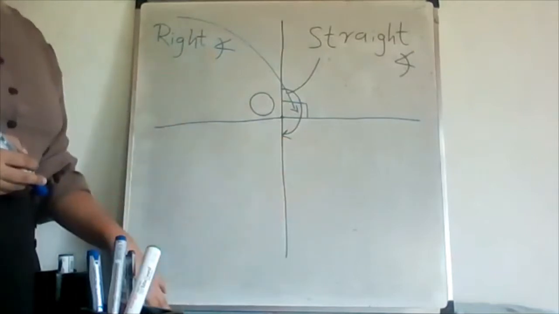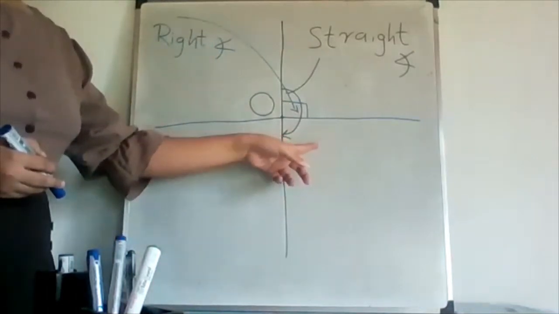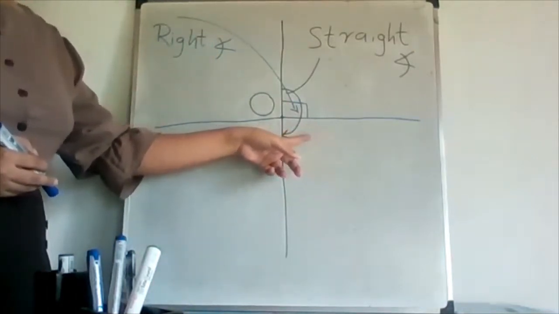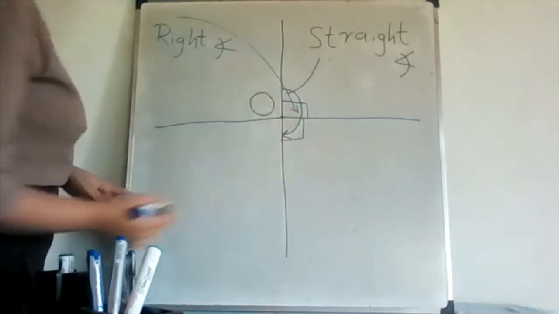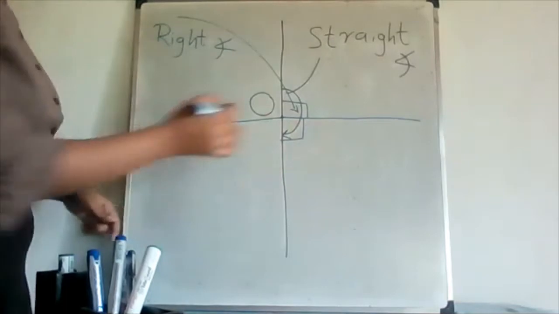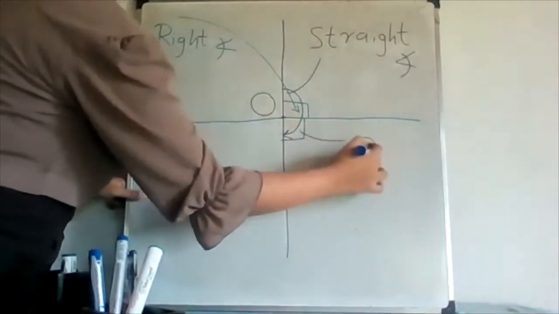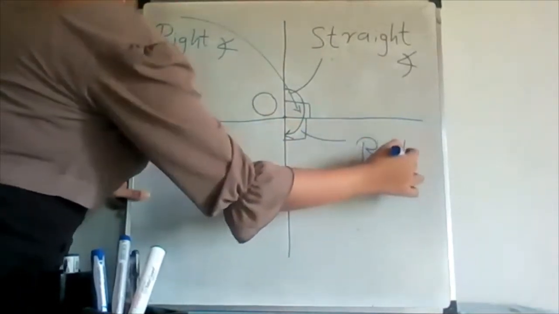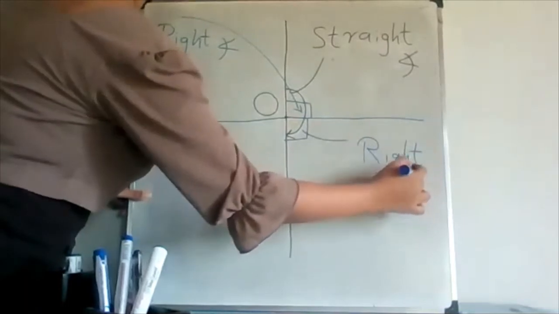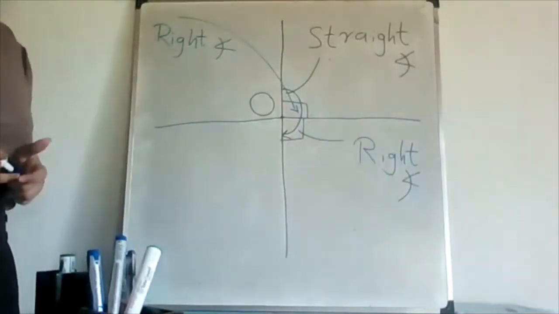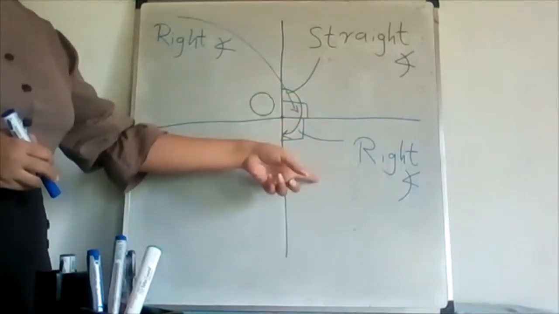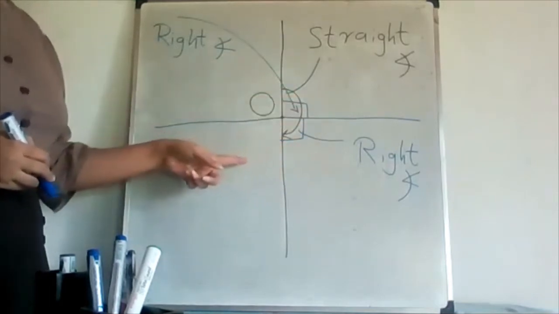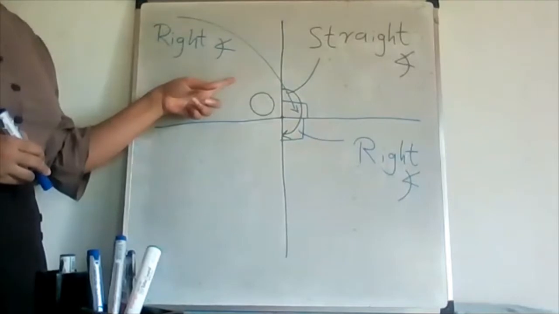So then next, what about this next half? This next half is also a right angle, so we can denote this one as a right angle as well. Now in this diagram, we have marked two right angles. And then what about this half and this half?